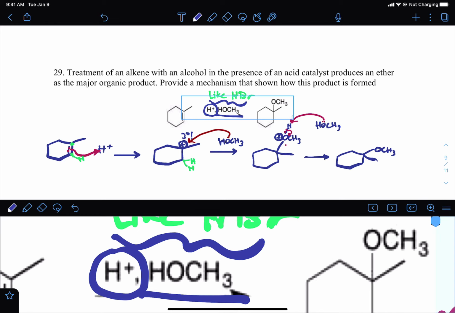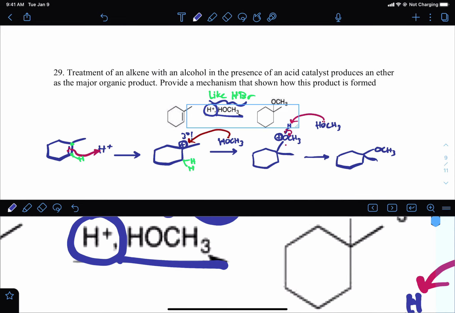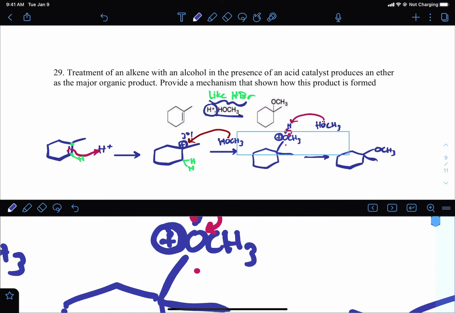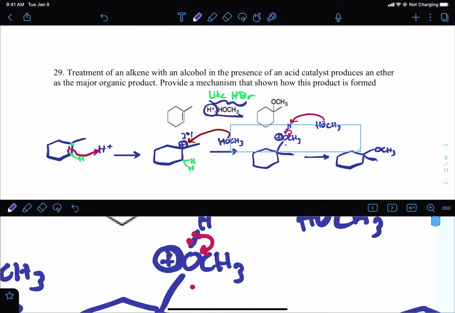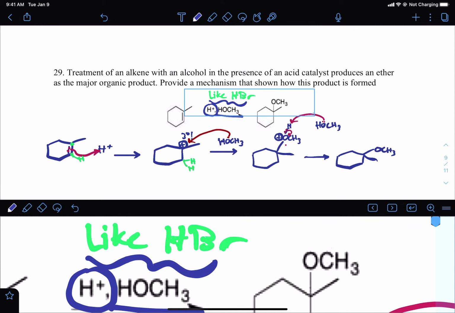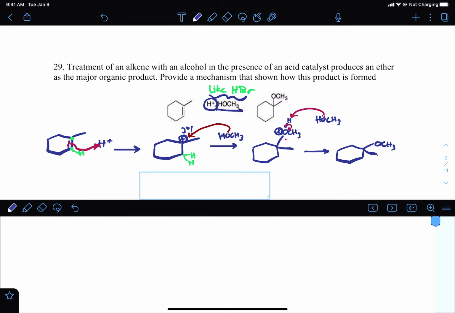The only real difference is that since our nucleophile is neutral, once we make a new bond to it, we have to lose an existing bond, which will be the H. With HBr, the nucleophile was bromide, Br minus, so once we made the new bond, it was already neutral. So there's that one extra step where the deprotonation occurs. That's different from our HBr mechanism. But that's that. This is classic electrophilic addition.